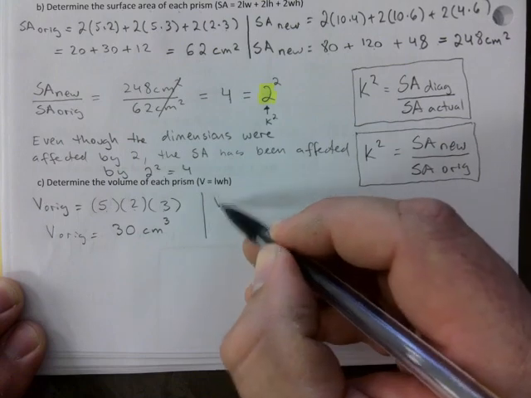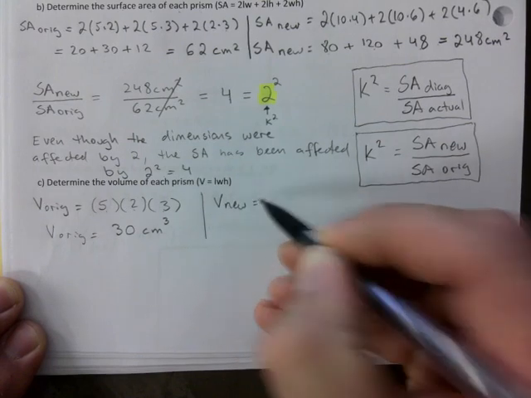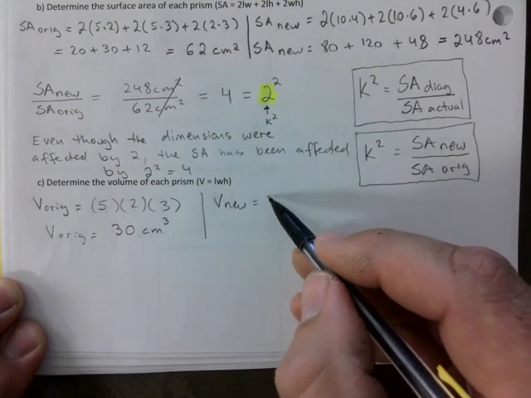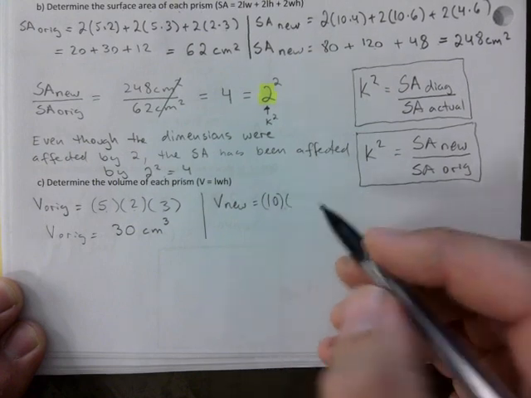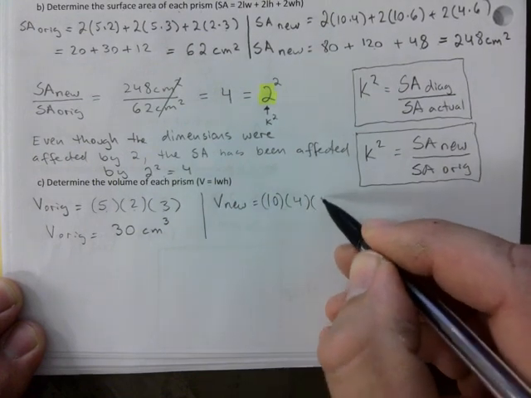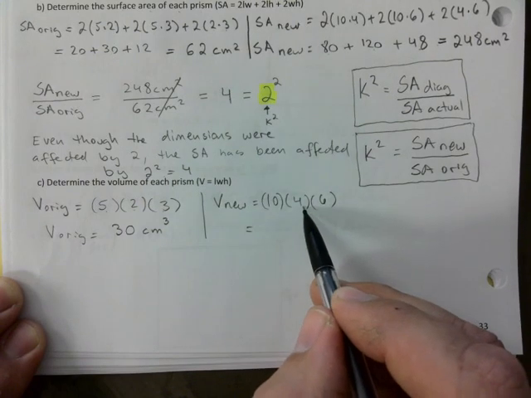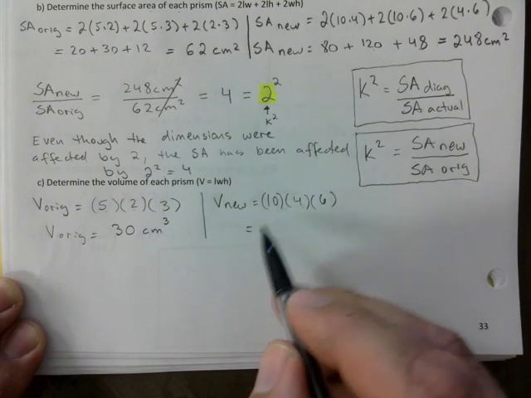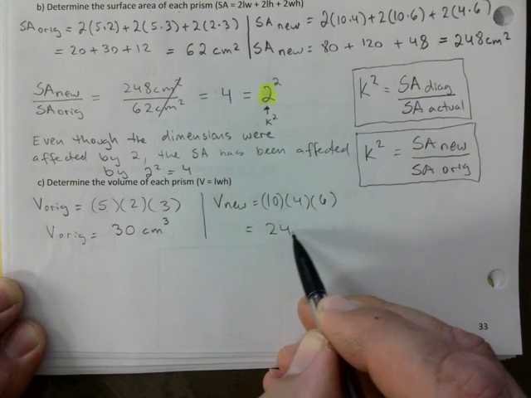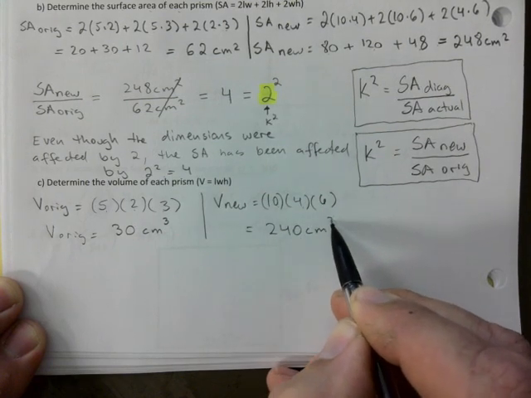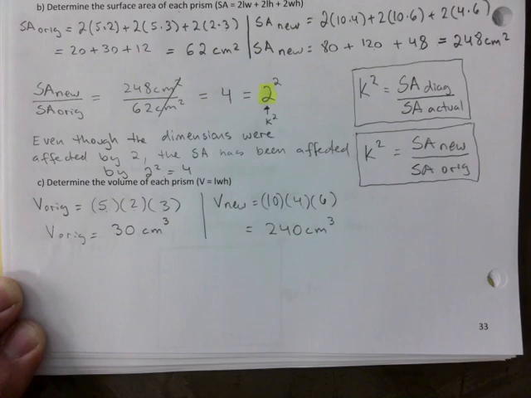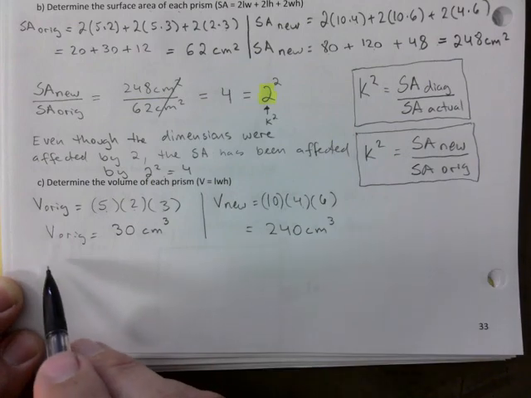Let's go to the new one. Volume of new. I'm just looking at my numbers there. 10 times 4 times 6. I'm going to go 6 times 4 is 24, times 10 is 240 centimeters cubed. So let's do the same thing.